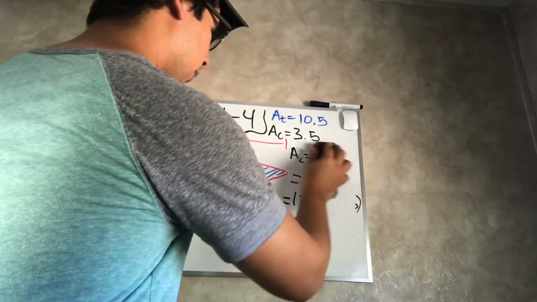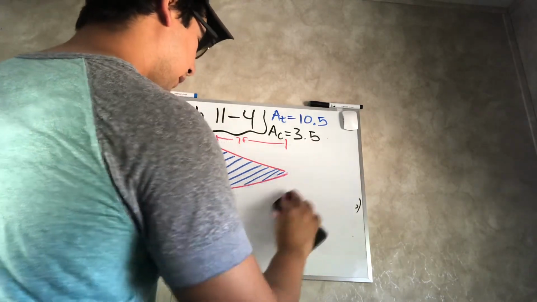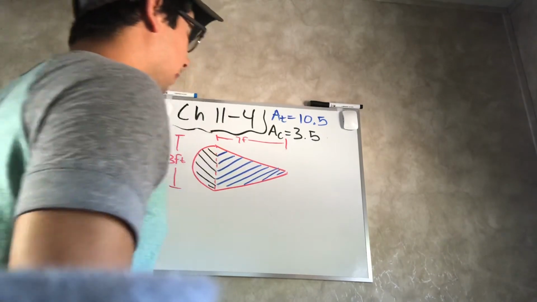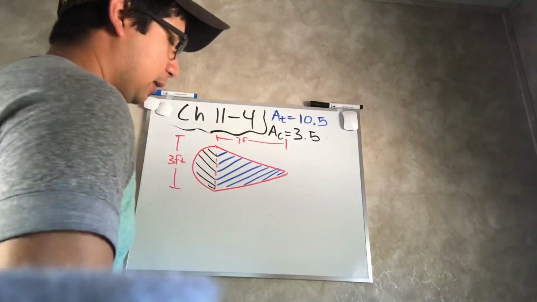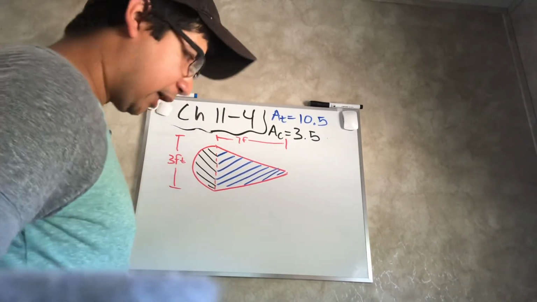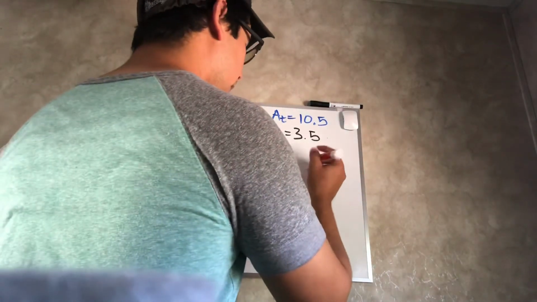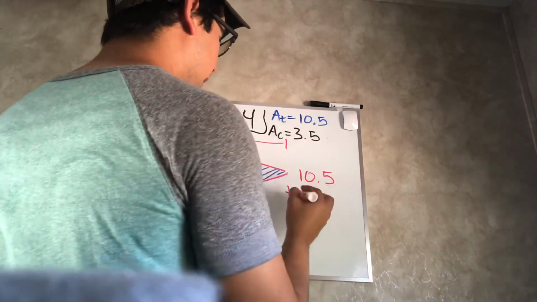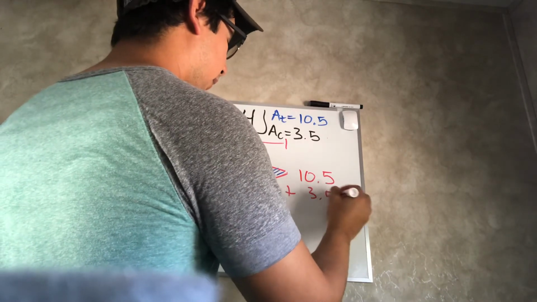Okay, so once I have both of my areas, I'm going to add up both of them. So I'm going to add up 10.5, which is the area of the triangle, plus the area of the half circle, which is 3.5.